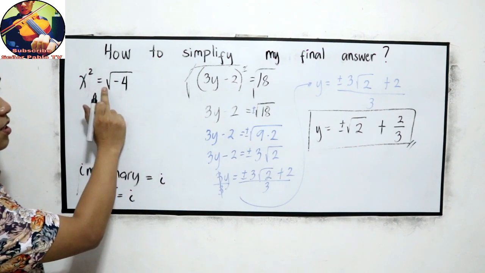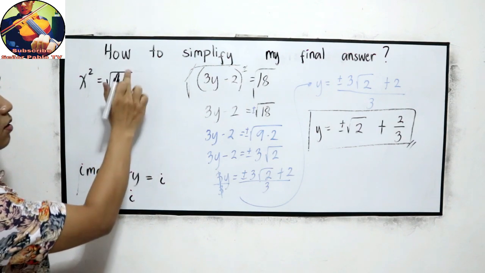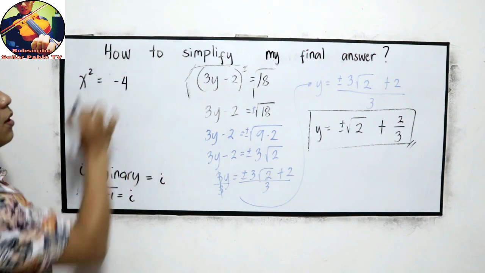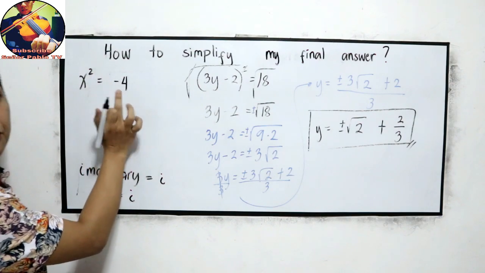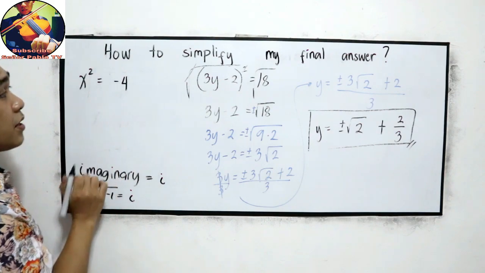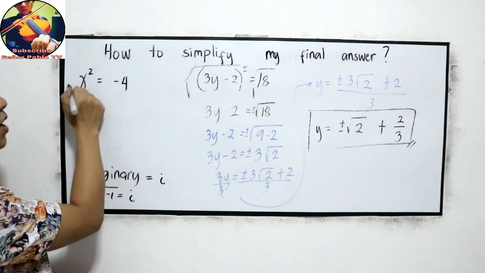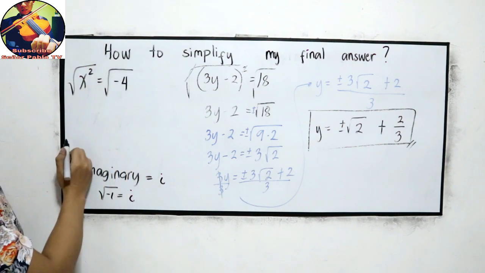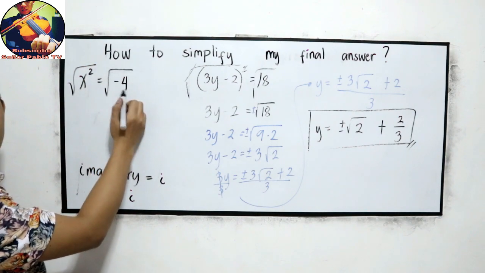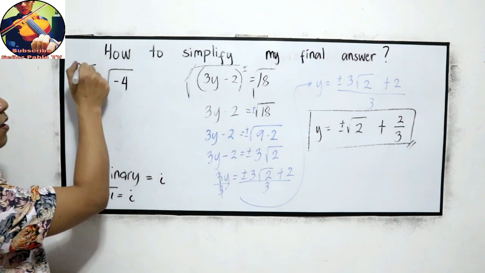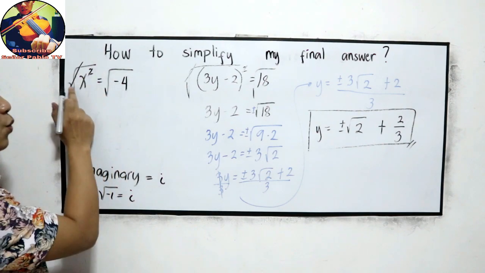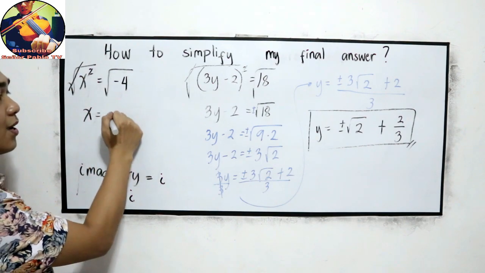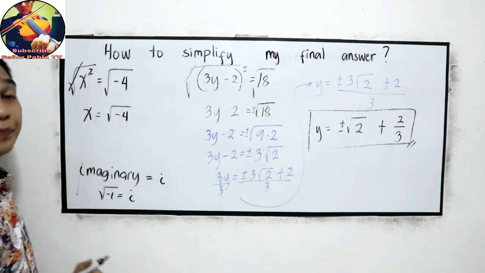So in this case, I will remove the square root. X squared is equal to negative 4. We're going to extract the square root. Square root and x squared will be cancelled out. So x is equal to the square root of negative 4.